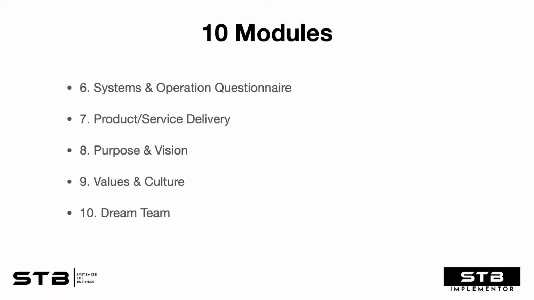And so module number 8 is really going to help you with that, in knowing your purpose and your vision for your company. This is really where you sit down and hopefully take some time to reevaluate your vision and your purpose, because it's going to align everything that you do moving forward and solidify a lot of things.